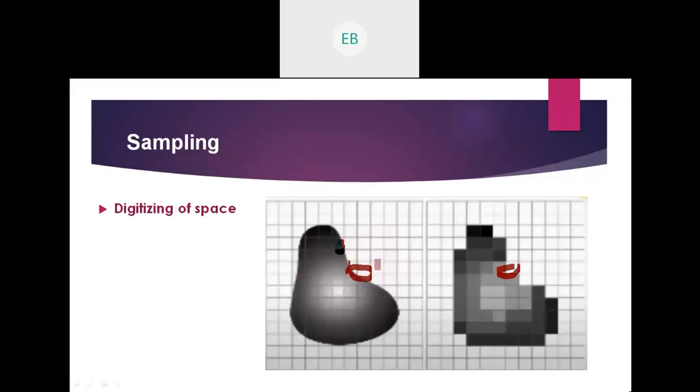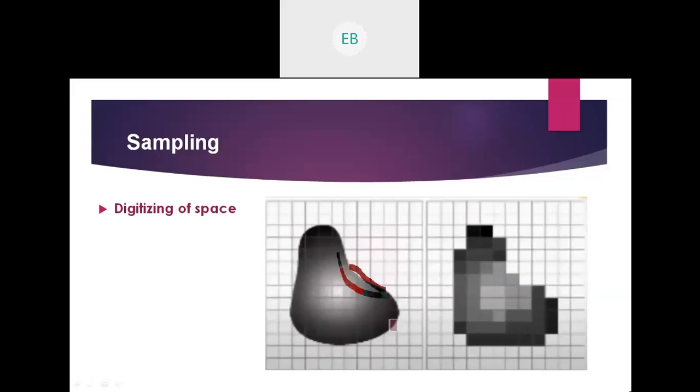We can store the image in memory, but only up to a certain limit. In any part of an image there can be an infinite number of points.